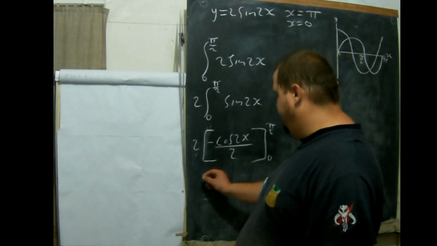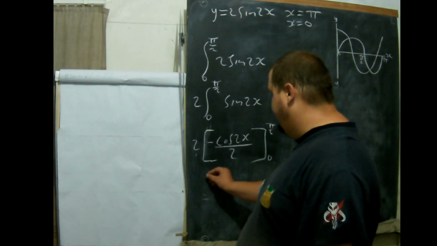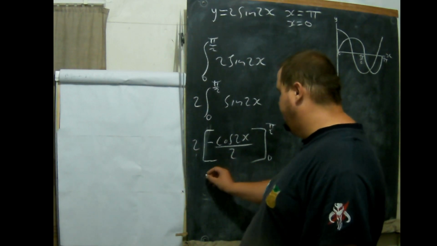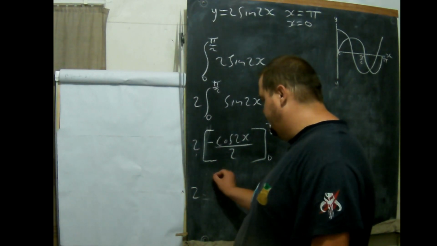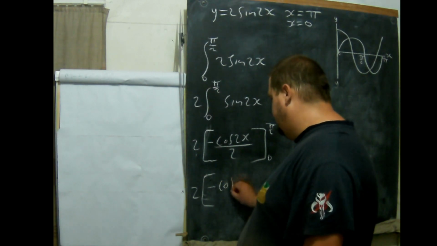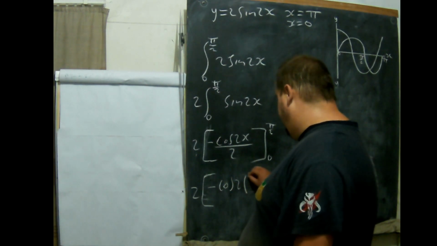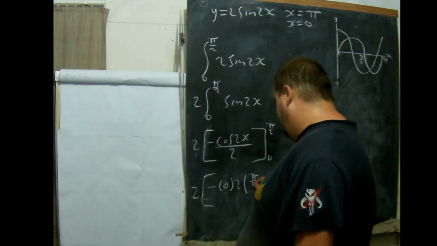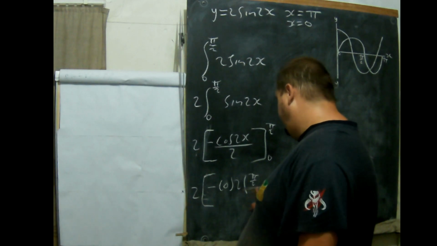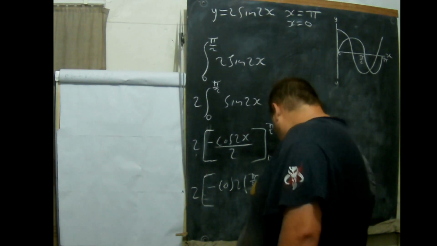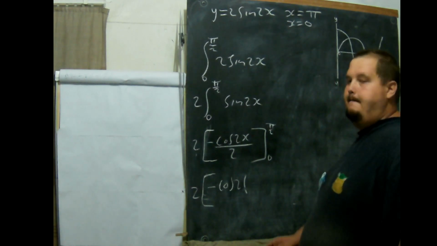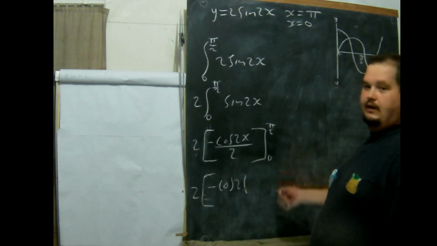Now the next step: we've already integrated. So now we say 2 times minus cos 2 times... What we need to do is take the upper limit minus the lower limit.